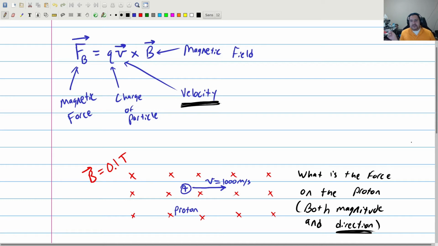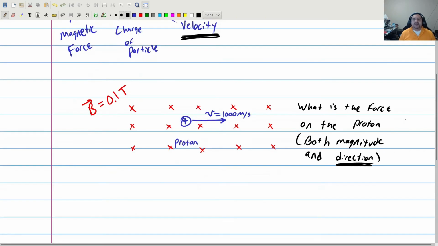That's probably reversed on your video, but that's all right. So velocity is this way, and the magnetic field is into the page. So I need to move my hand around until my middle finger points into the page, which is something like this for me. When I do this, you can see my thumb is pointing toward the top of the page. So what is my direction going to be? The direction is toward the top of the page.